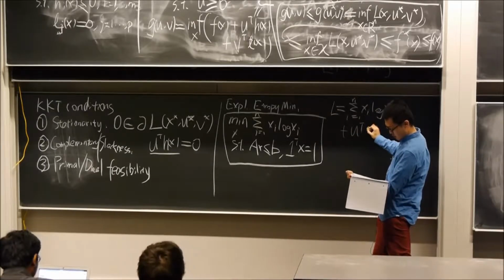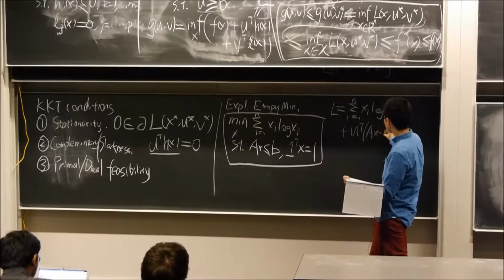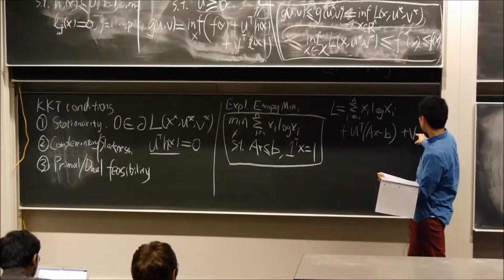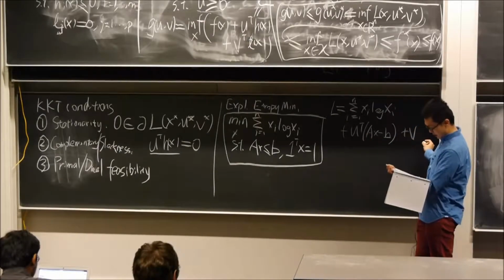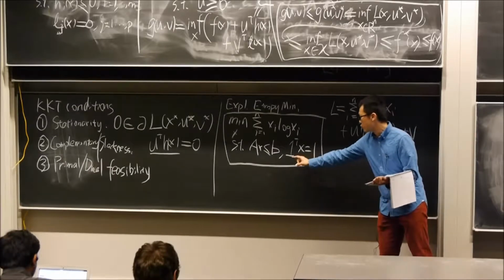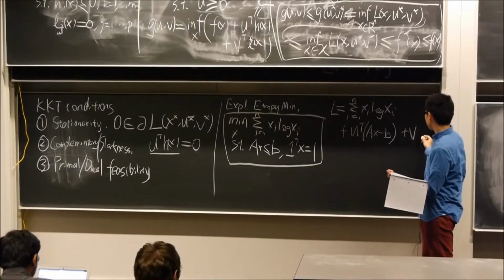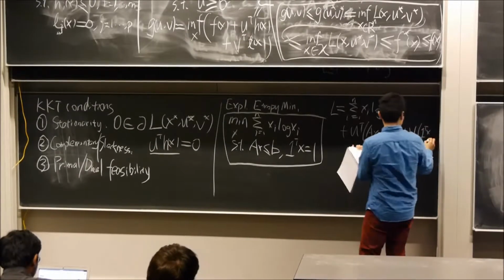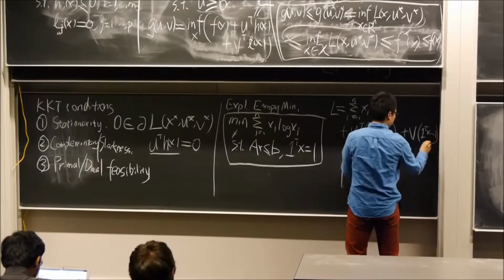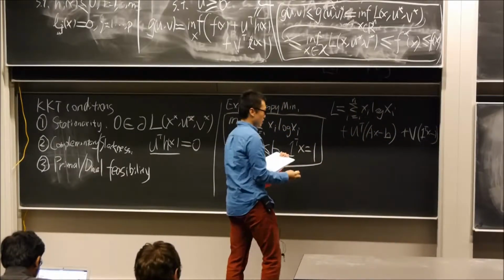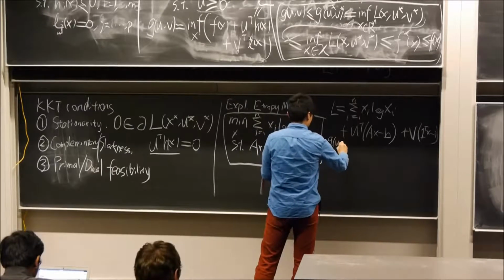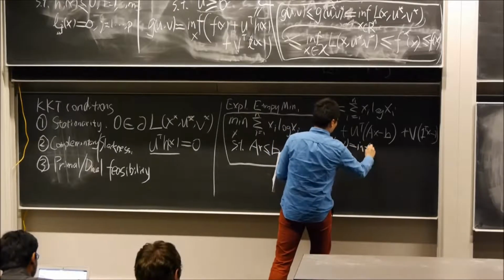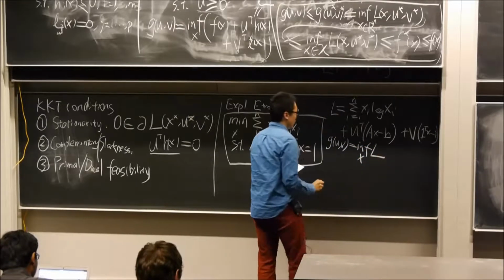I'll call them the dual variables u and v, or sometimes they are called Lagrange multipliers. u is a vector and v is just a scalar, because this is just one single equation and that is a vector inequality. I don't know if you can see this, but this is the Lagrangian, and if we want to derive the dual objective function g, it is the infimum of this Lagrangian over all x.